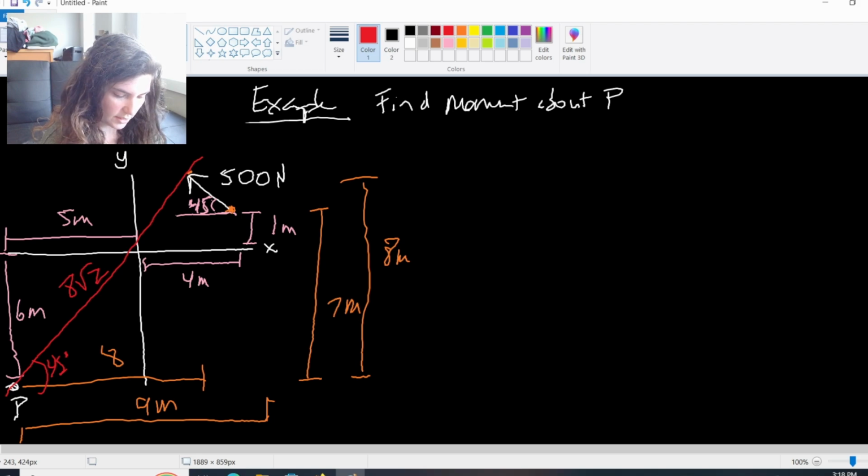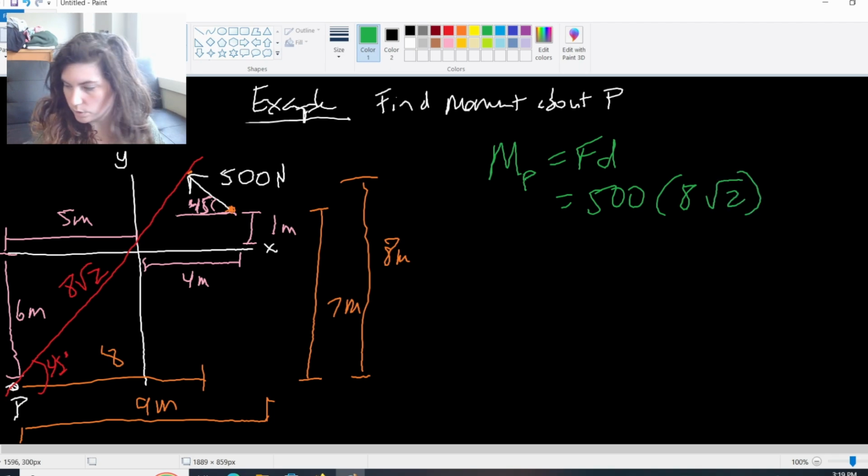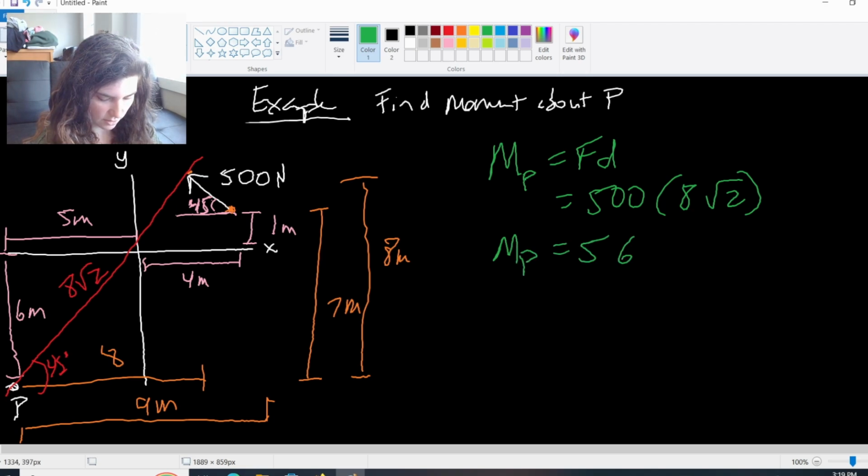And so what you end up with, if you do the moment by this method, the moment about P is F times d. You're going to get 500 times 8 square roots of 2, which if I pull my calculator out, the moment about P is 5,657, if I round, Newton meters.